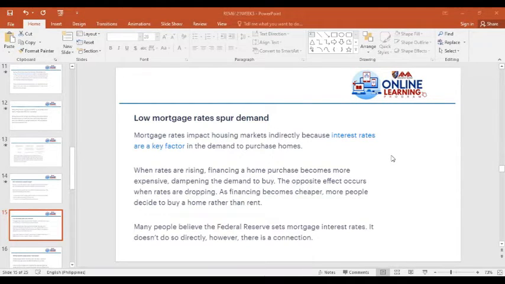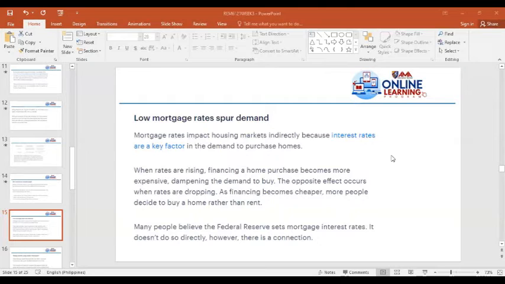So the difference between the rising and the dropping of interest rates is that most of the financing for a home purchase becomes more expensive, so magkakaroon ng less demand to buy.